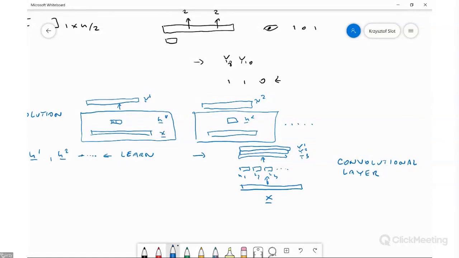Each of these filters will extract some other information from input and will produce vectors Y that are transformed inputs. And these transformed inputs will contain information whether some particular pattern is present or not. And this will be encoded by a number, by a value. And this value will be a result of a dot product that I am performing between a filter and each position, each location in input image.